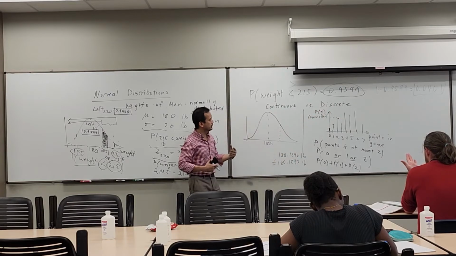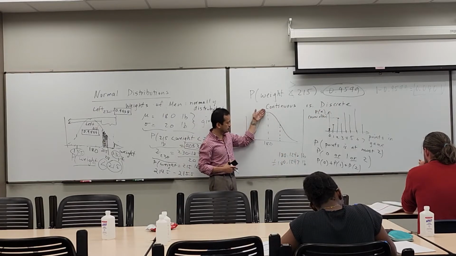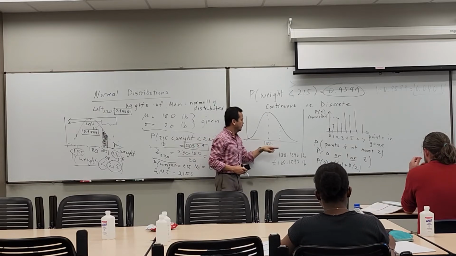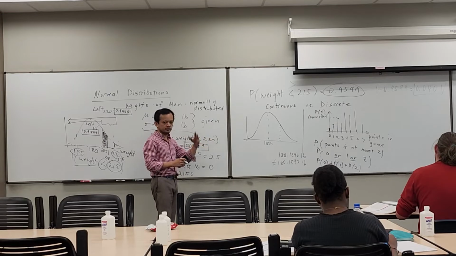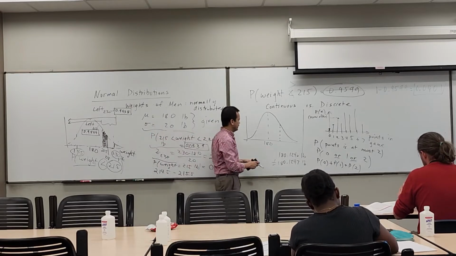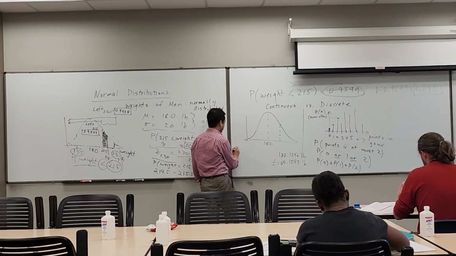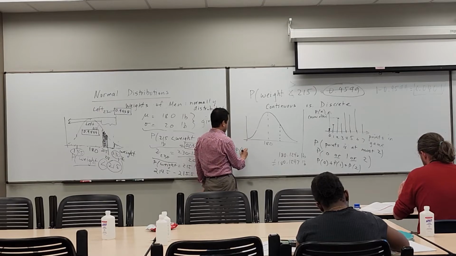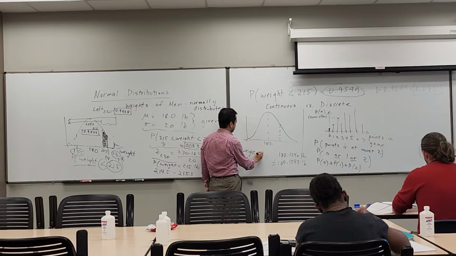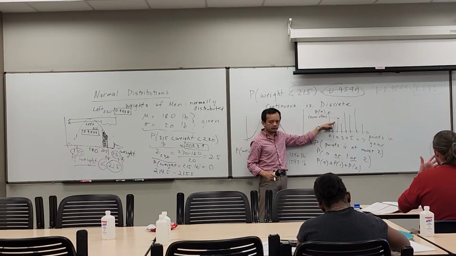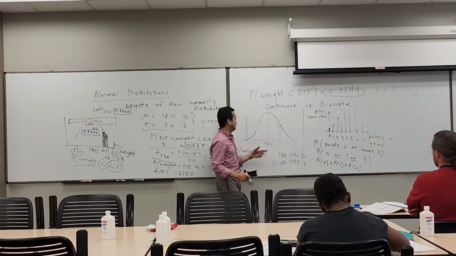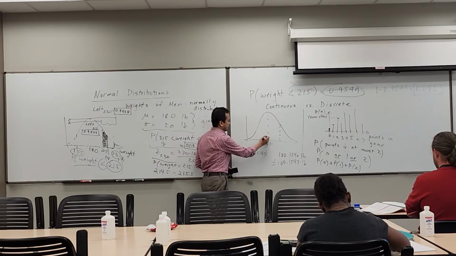So if you want the probability of values in a continuous distribution, remember we said that in a continuous distribution, probability is area. So if you want the probability of the weight being less than 180, for example, then unlike the discrete distribution where you're adding up individual discrete values, here you're finding continuous areas.